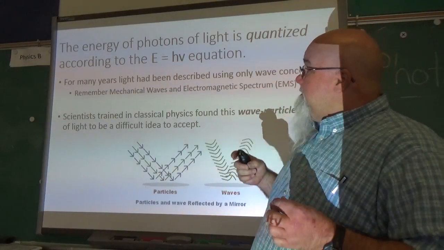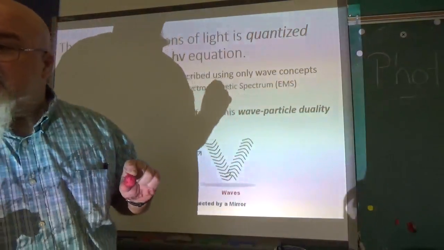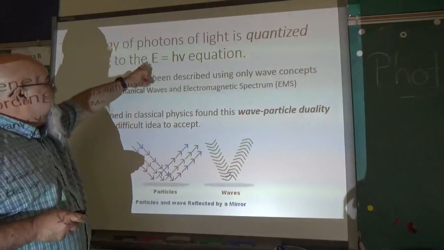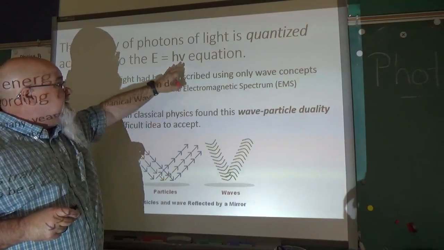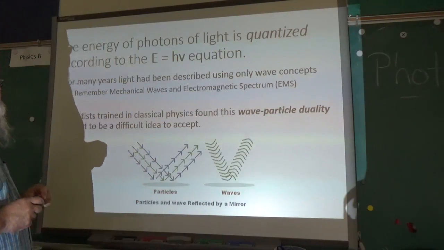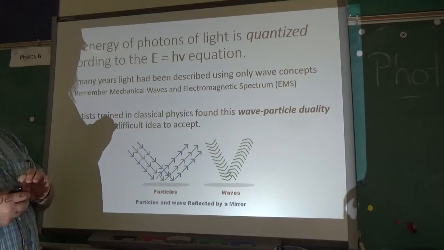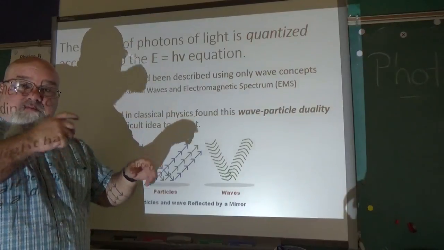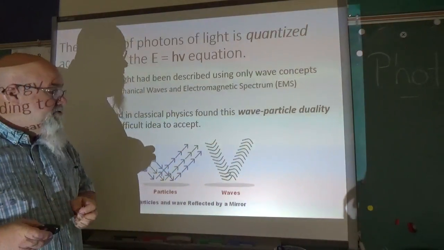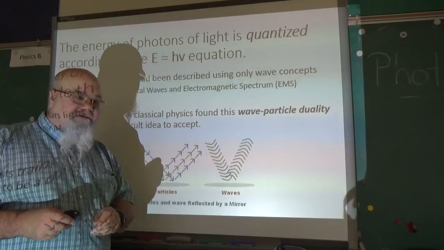The energy of that photon, as we learned before, is quantized. And we learned the equation: energy equals Planck's constant times its frequency. The V stands for frequency. Up to this point, we always thought of light as a wave. Like when we played with our springs, we would see it as a wave. It moved up and down, it would hit something and bounce off.